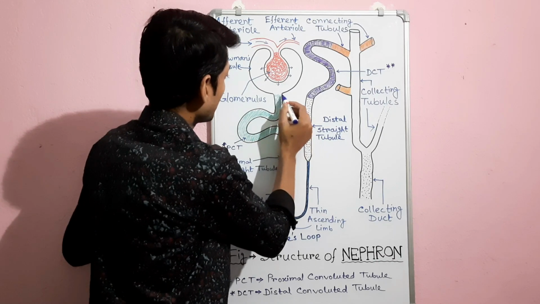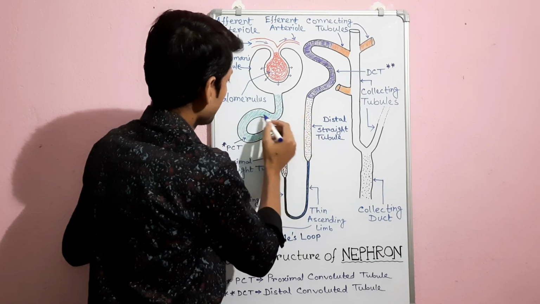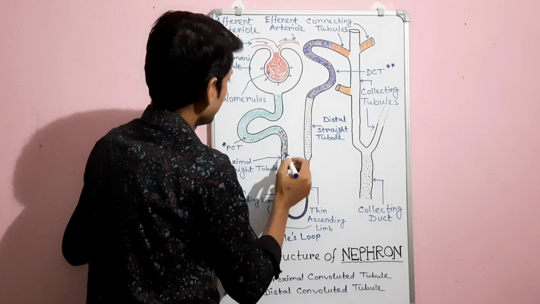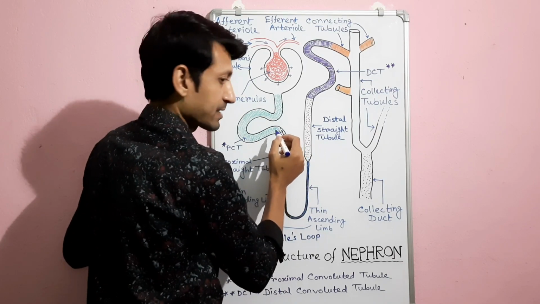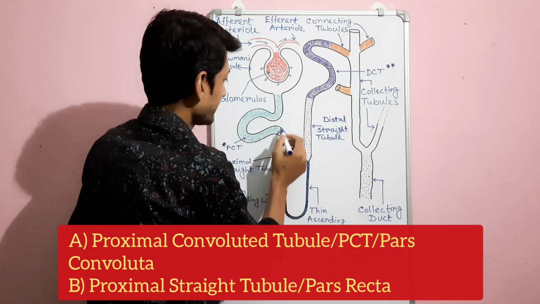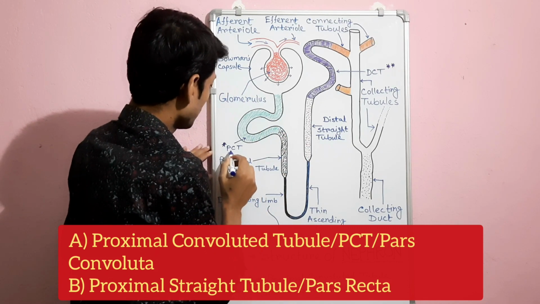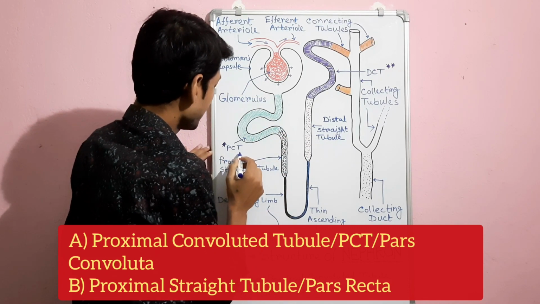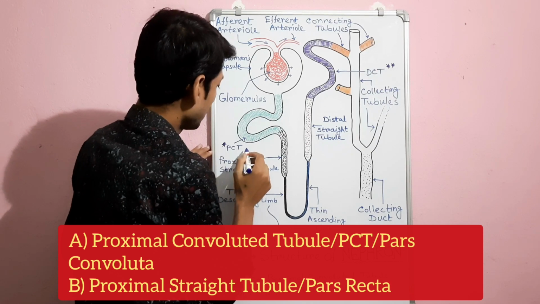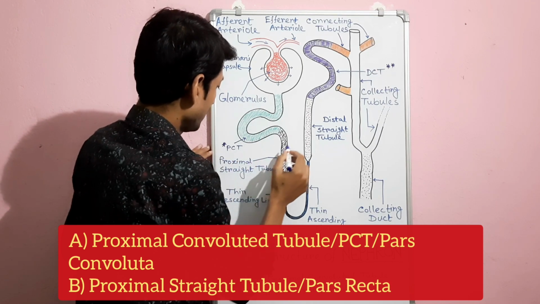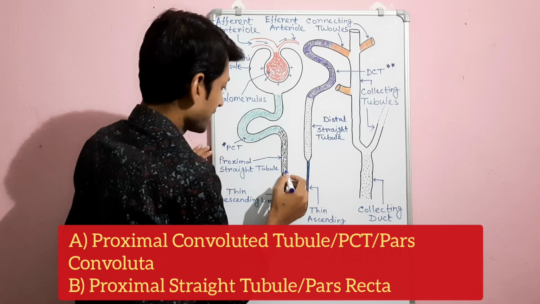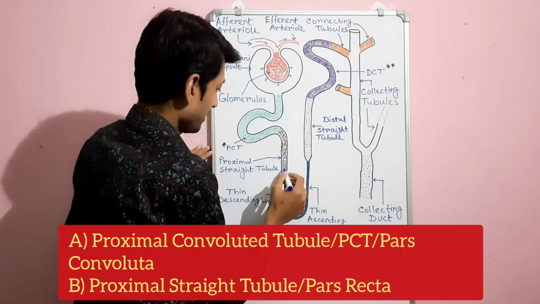Just beneath the Bowman's capsule, this part is known as the proximal thick segment. It has two zones, proximal convoluted tubule or PCT or pars convoluta, and proximal straight tubule or pars recta.